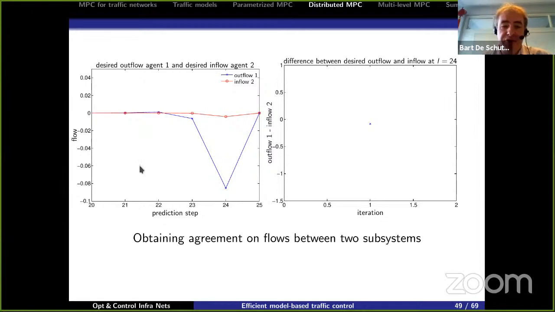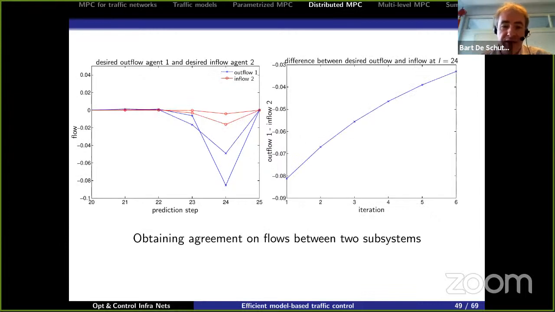So in the first iteration, we have here two agents. We have the outflow of agent 1 indicated in blue, the expected inflow of agent 2 in red, and we see that there's a mismatch. And then gradually, as the agents interact, we see that the two values will go closer and closer. And we also see that the difference between the outflow and the inflow will go from a value towards 0.